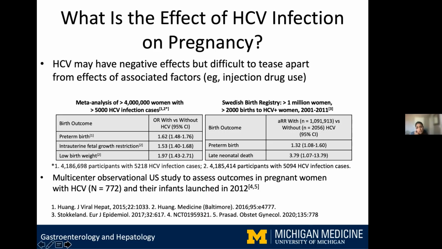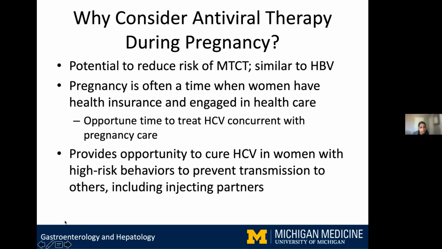The Swedish registry also highlighted that there could be an increased risk with mortality in terms of late neonatal death, and also showed preterm birth was associated in women living with Hep C infection. A multi-center observational US study to assess outcomes in pregnant women with Hep C and their infants was launched in 2012, and some data has been presented that looks fairly promising with similar outcomes.